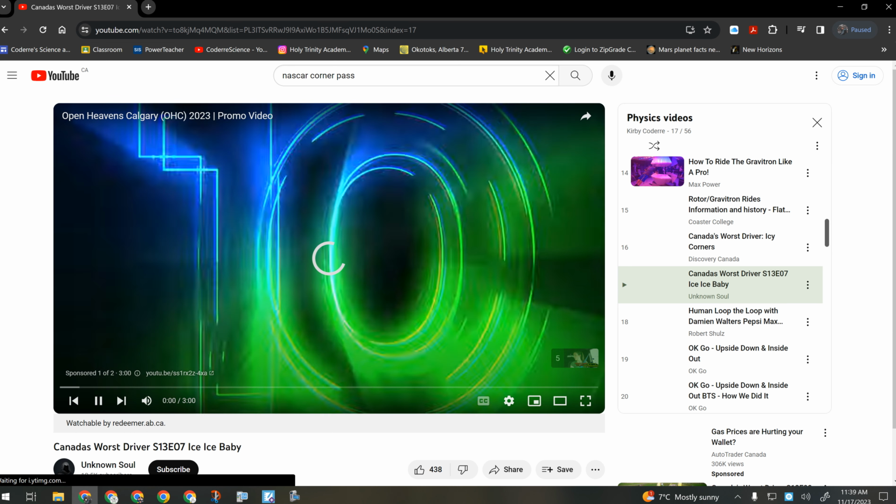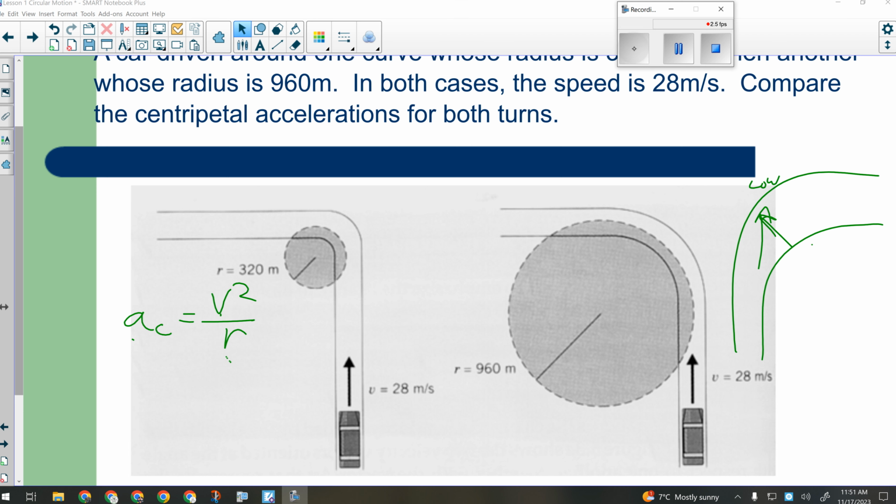The icy corner and the curves. Okay, so, guys, here's what we need to get from this. Speed has that exponential effect on your ability to corner. Radius has an inverse effect, so as the corner gets wider, you're able to negotiate it. When we watched him go around the icy corner successfully, he did both of those things.